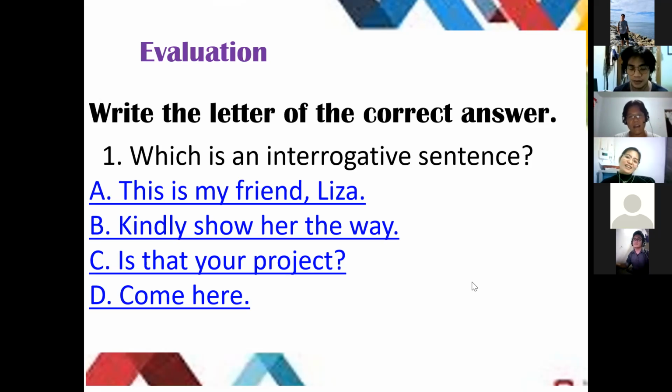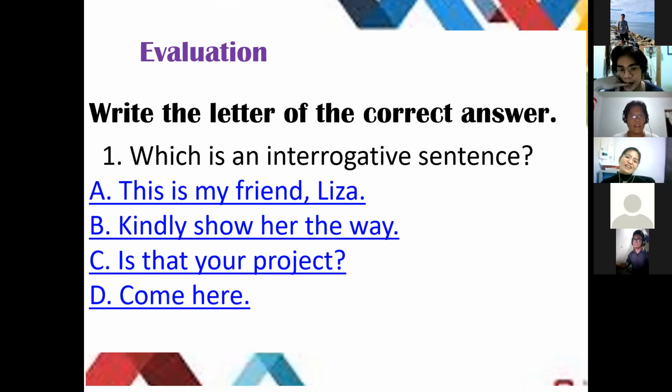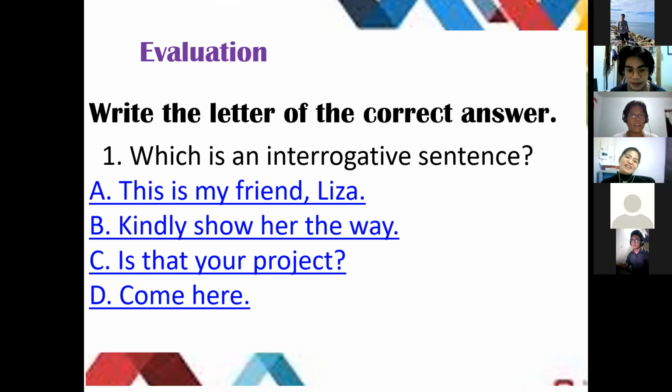And D, come here. Which one is an interrogative sentence? Letter C, sir. An interrogative sentence, if we recall, actually asks something. So it's actually letter C.